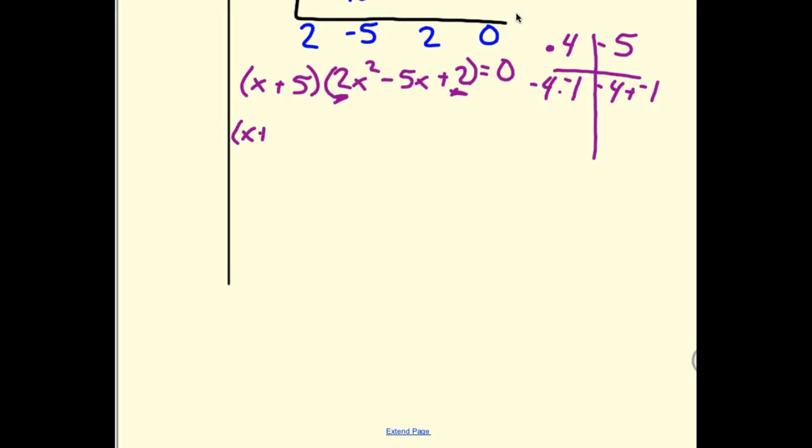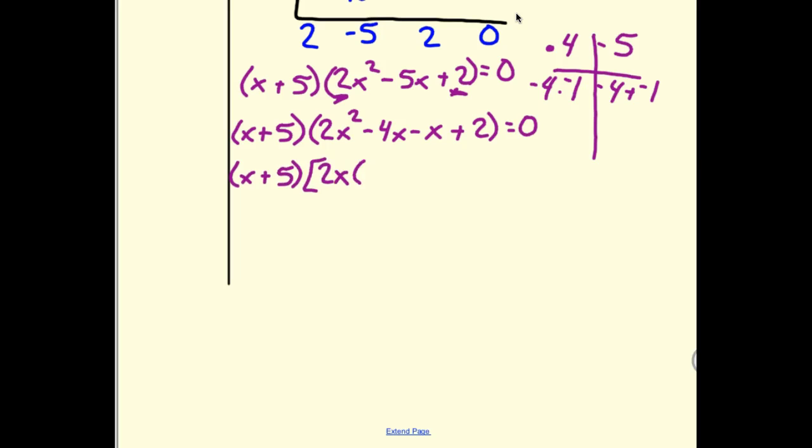Keeping that x plus 5, and then setting this up to factor by grouping, we're going to split that middle term. So our first term of 2x squared stays the same. We use the -4 and -1 to split up that -5. We leave our constant the same. And then when we start to factor by grouping, for the first two terms, we can pull out a 2x, leaving us with x minus 2.